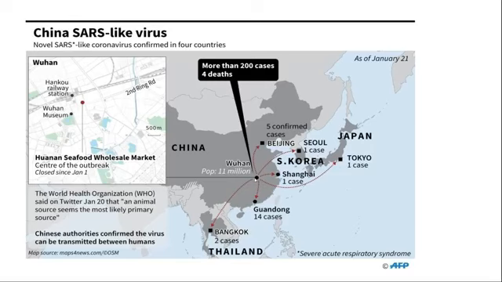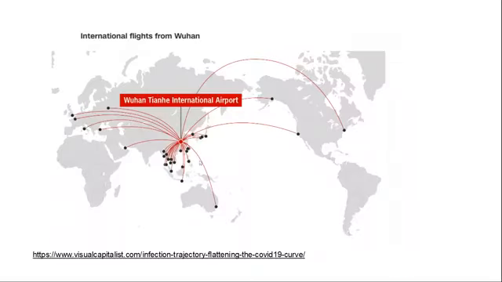From Wuhan, the virus actually went to different countries before WHO or China realized that there's a new virus coming out. Most of the countries which had direct international flights with Wuhan got the virus first.